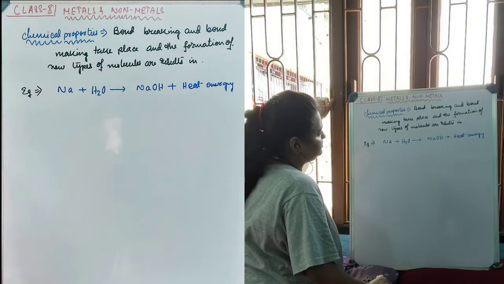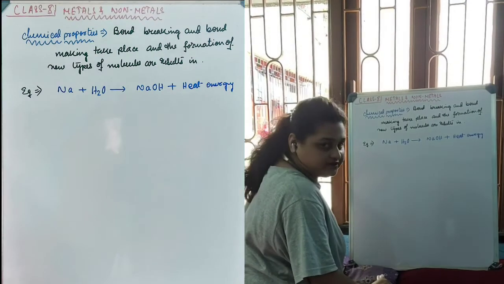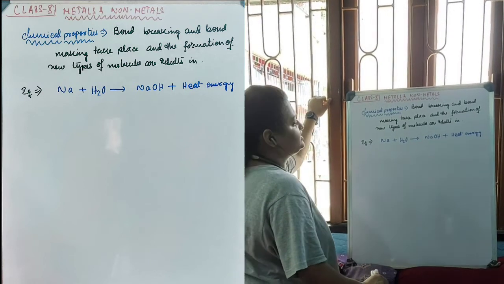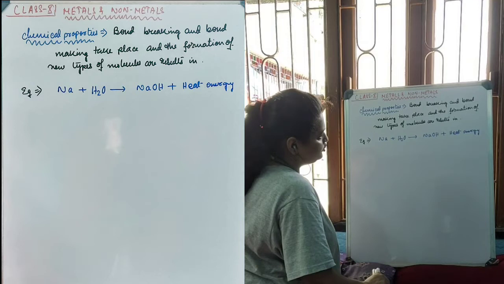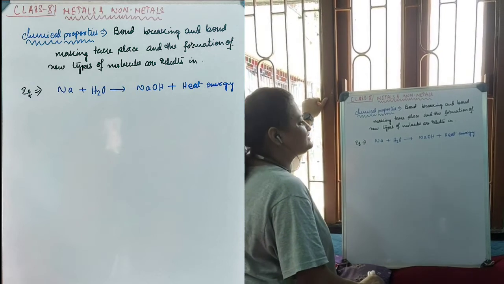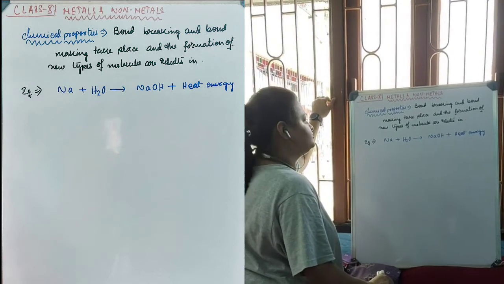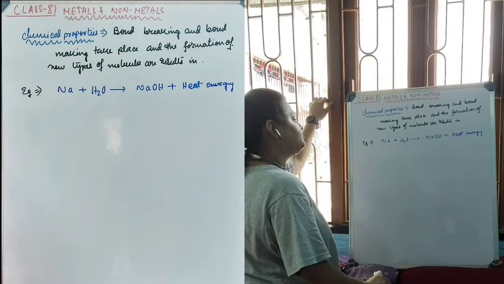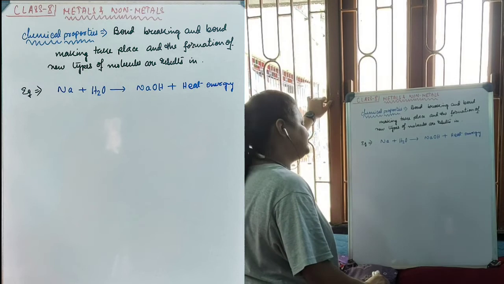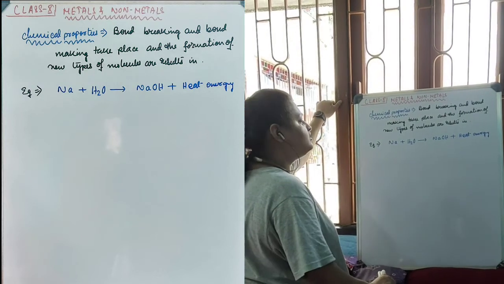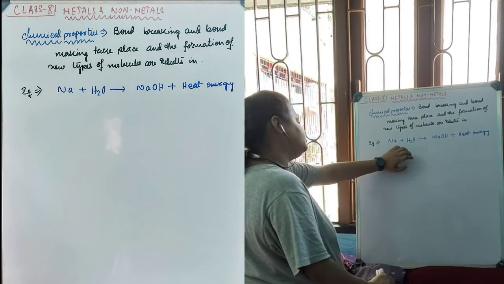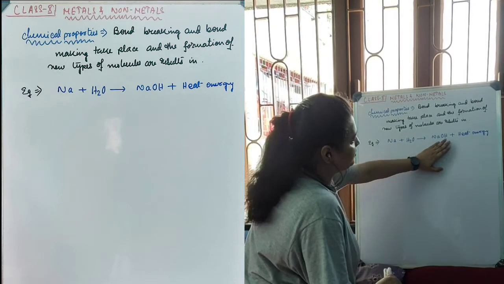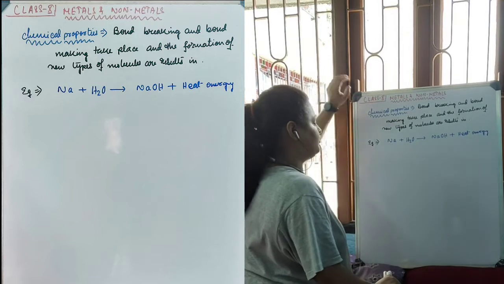We have studied the basic concepts of metals and then we studied about their physical properties. In the physical properties, no change in their molecular structure or integrity was observed, but when these metals do take part in chemical reactions, such as in this example, sodium reacting with water, H2O, to produce NaOH, and some amount of heat is evolved.